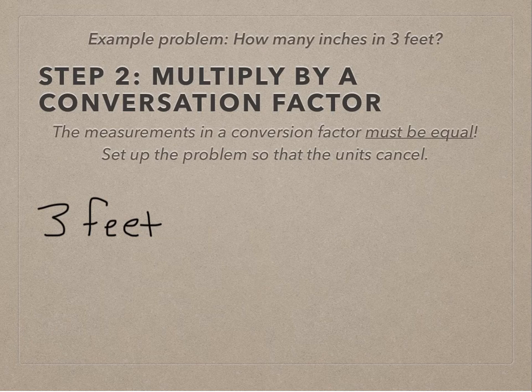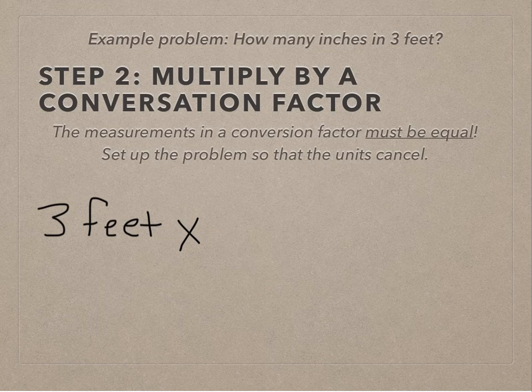Rather than give you the definition of a conversion factor right now, I'm going to show you how you build one. And when we're done with it, you'll go, that's a conversion factor? That was easy. And it should be easy for you to do in the future. Okay, so it says multiply. So all I do is I take my 3 feet, the thing I had written before, and I'm going to multiply. Easy enough?